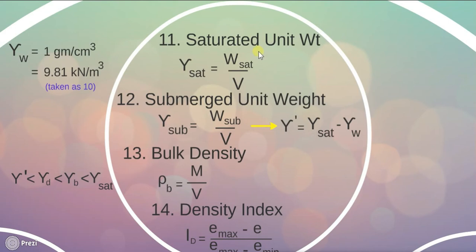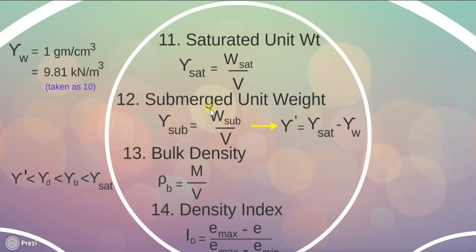Saturated unit weight is denoted as gamma saturated, gamma in suffix SAT, and its equation can be written as W SAT by total volume. So weight at saturation by volume. Unit of saturated unit weight will be same as before, kilonewton per meter cube.